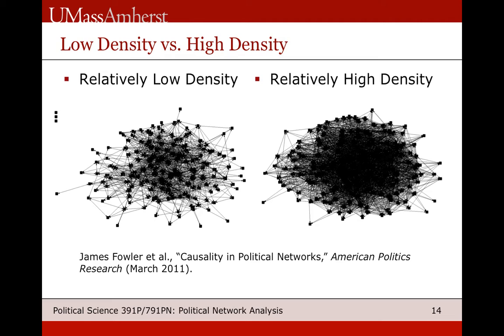I'll also draw your attention to the fact that, with the exception of 3 isolates in the upper left-hand corner, in both of these networks, even though the one on the left is lower density, you still have a giant component that comprises most of the nodes in the network, or in other words, a connected network in both cases. So as the density goes down, you're losing 3 isolates, but in general you aren't losing the idea that you have a connected component.